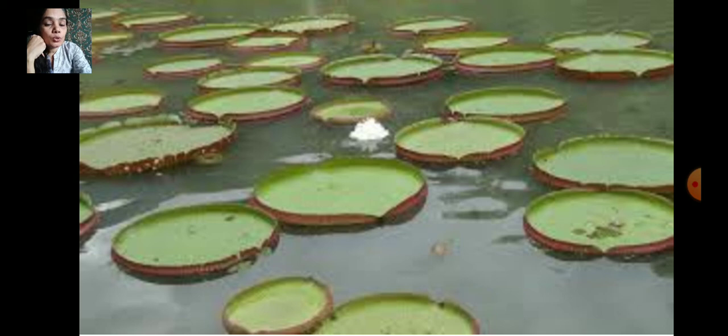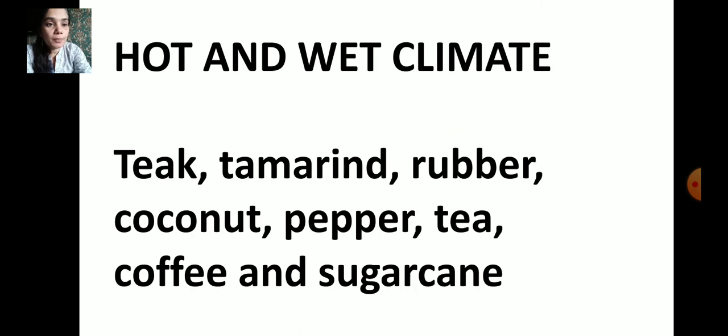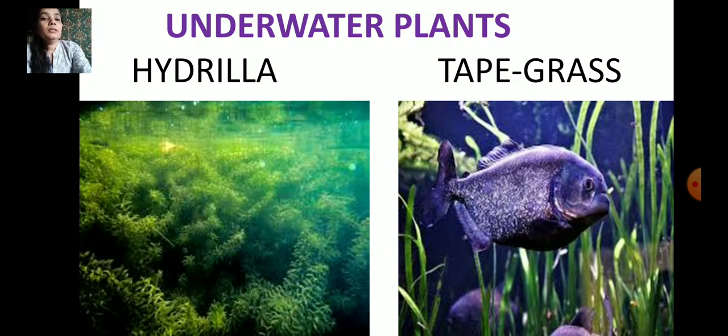Next we'll go to underwater plants. Underwater plants are deep under the water. Plants such as hydrilla and tape grass live completely under the water.